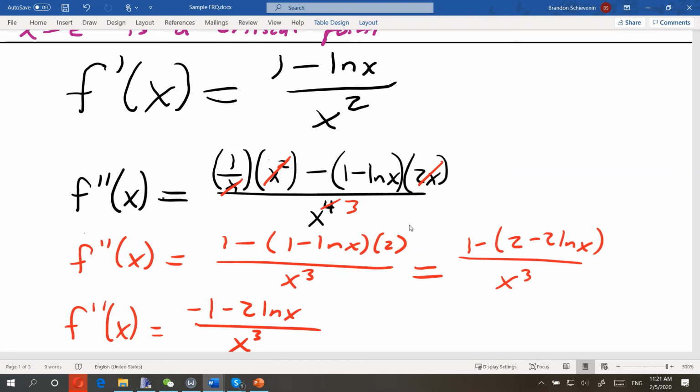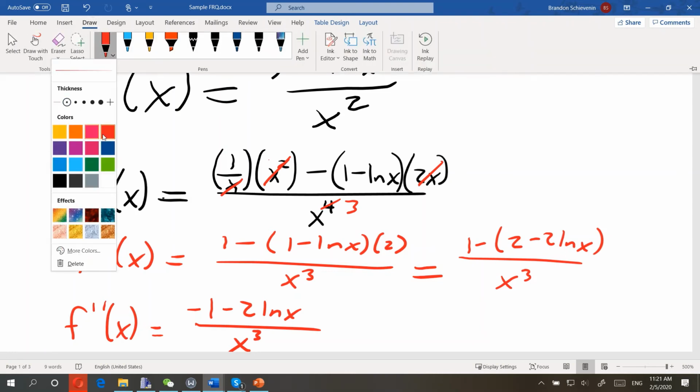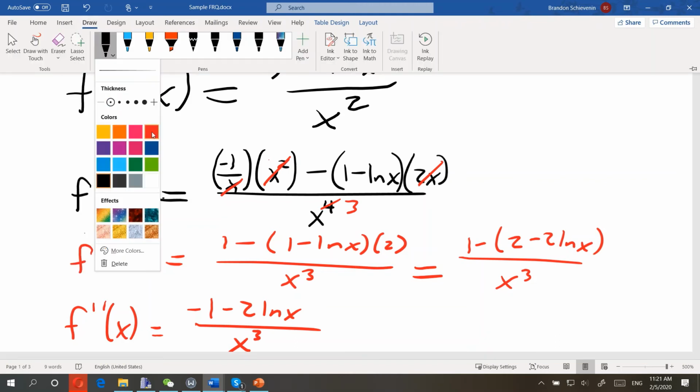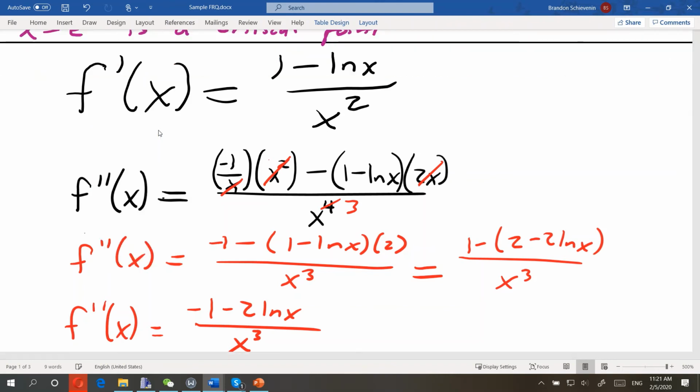Okay, up here. If I derive 1 minus ln x, this should be a negative, right? Oh, okay, that's my bad. Negative. And that gives us negative, negative.